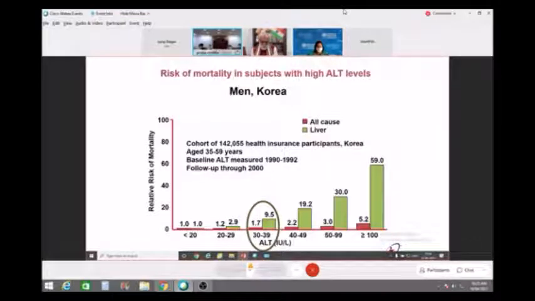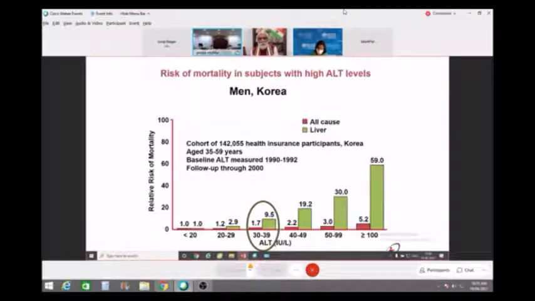So if you have a young boy of 25 years, your son, your neighbor, who has an SGPT of close to, let us say, 40 or 50, you can see what will happen in 10 years' time. All-cause mortality, meaning heart, lung, and kidney, increases.